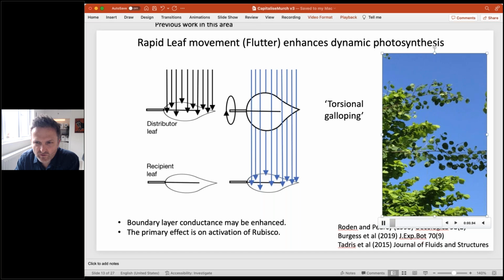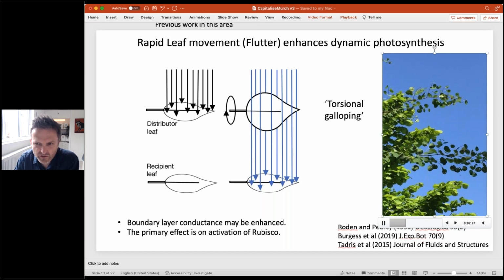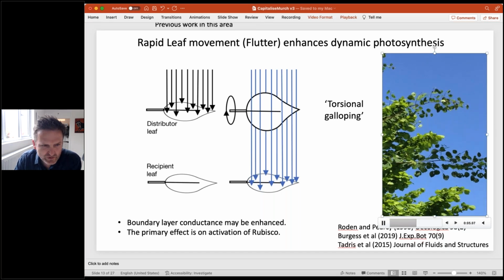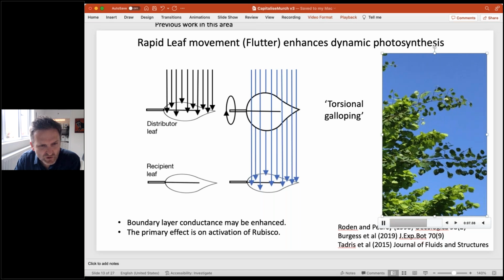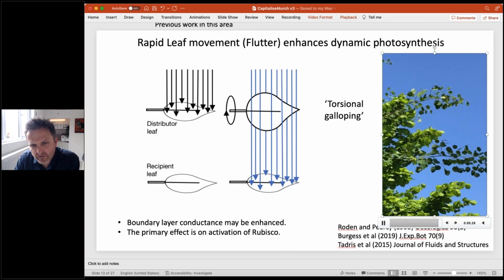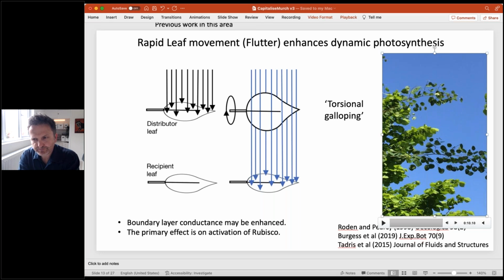Okay, this helps to improve light penetration to leaves below. So the leaves twisting in this way allows more light through. And they showed back in the early 90s that this enhances boundary layer conductance and also activates rubisco more than it would normally.